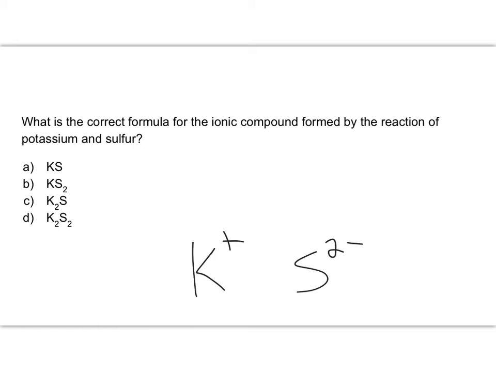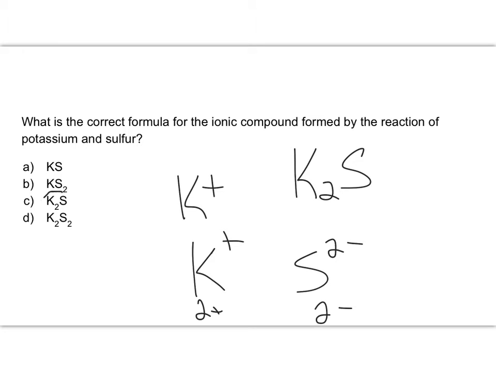So what that means is it takes 2 potassiums for every sulfur. And so the 2 potassiums with a charge of +1 each gives you a total of +2. The sulfur gives you a charge of -2. So when we write that as a formula, we would write it as K2 to show that there's 2 of them, and then S to show that there's one S. So that's choice C.